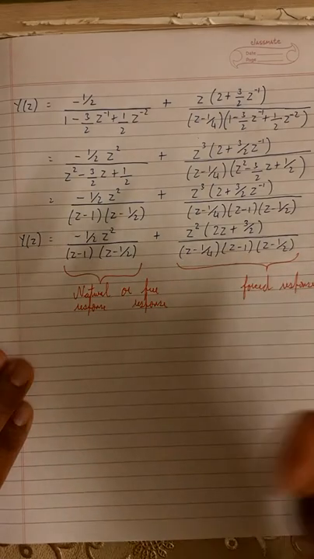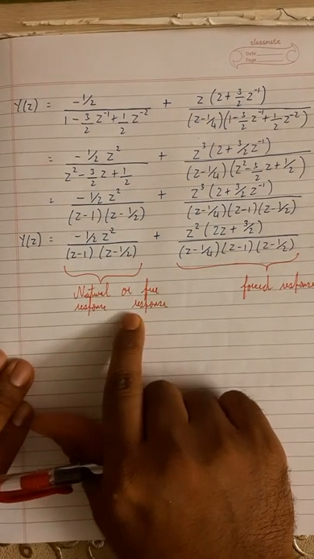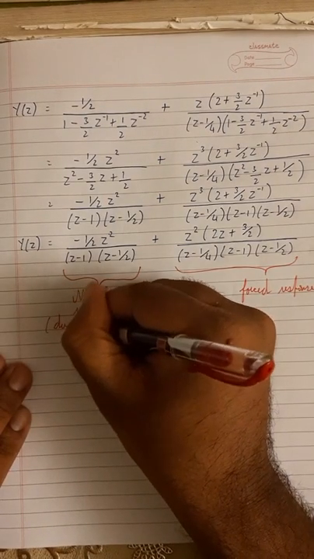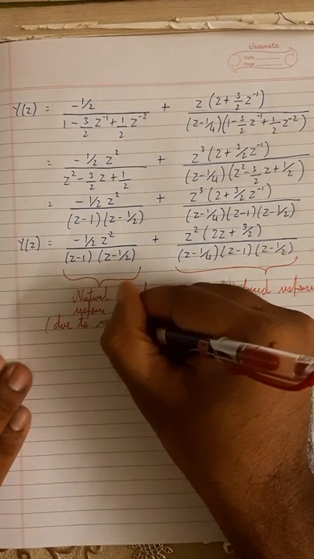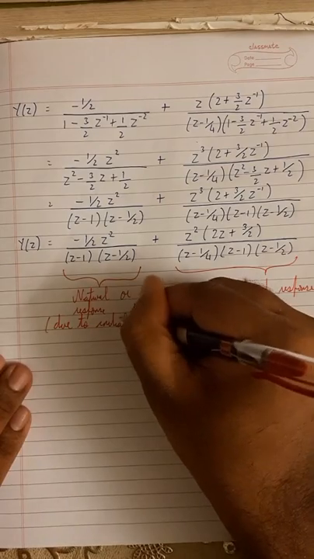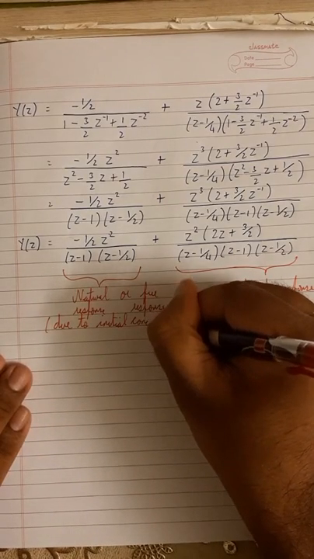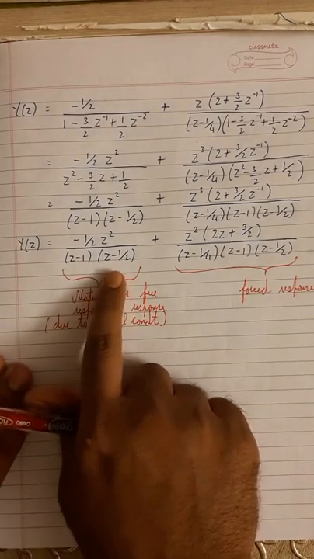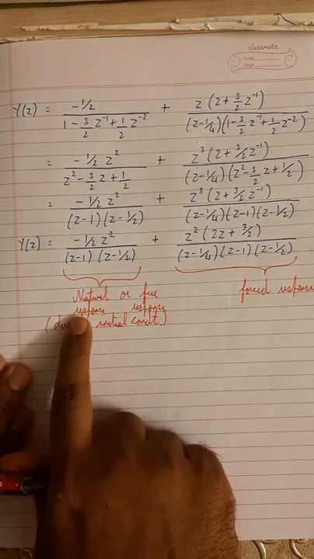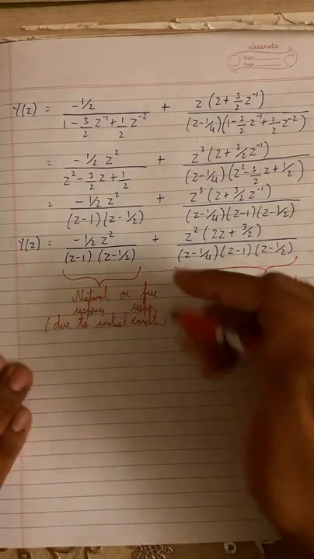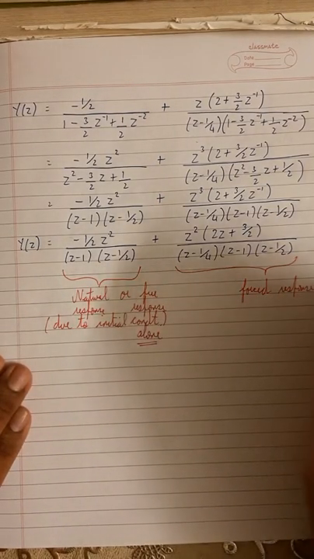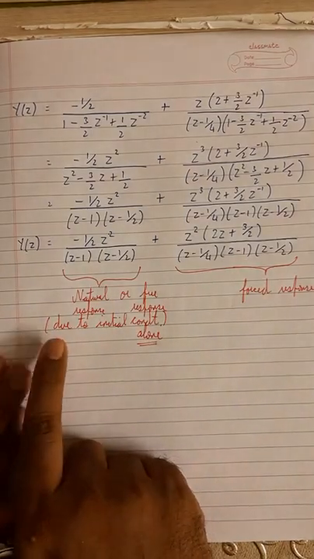Natural response or free response is the response due to the initial conditions alone. So that means the output of the system due to the initial conditions alone is called as the natural response or free response. And when I say alone, I meant that the value of the input must be considered 0, right?